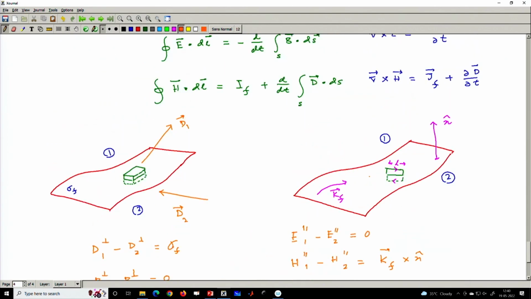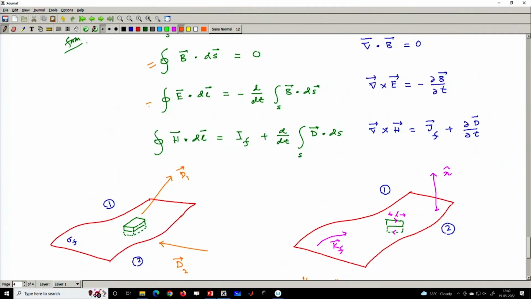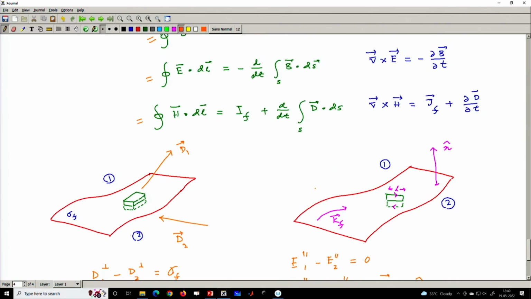Now, if I exploit this equation and this equation, considering the line integral here, this is the result one can expect.